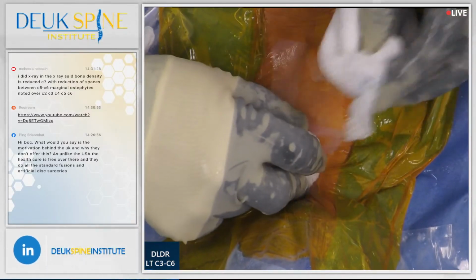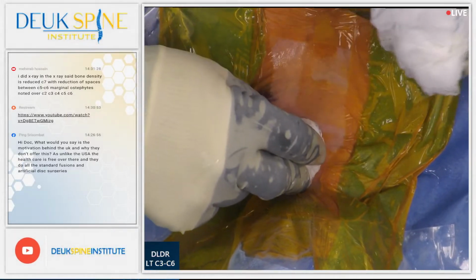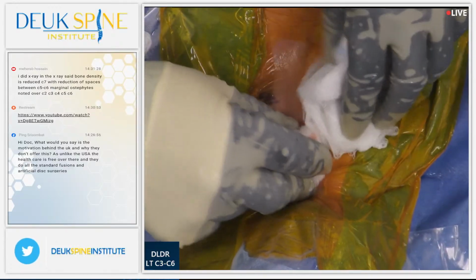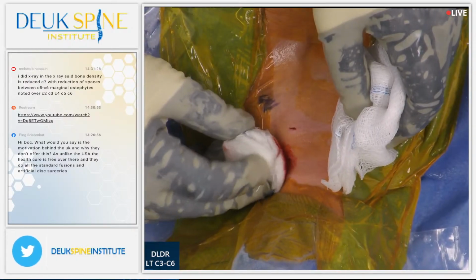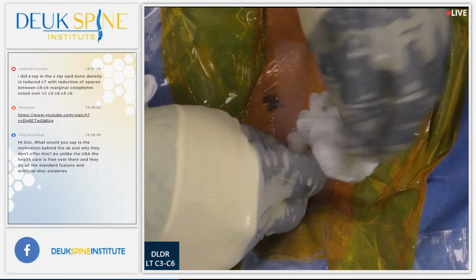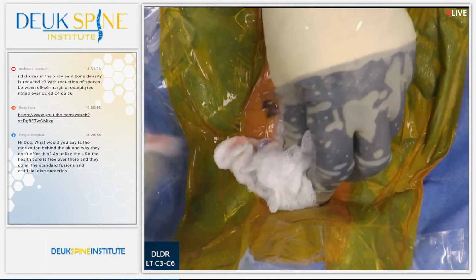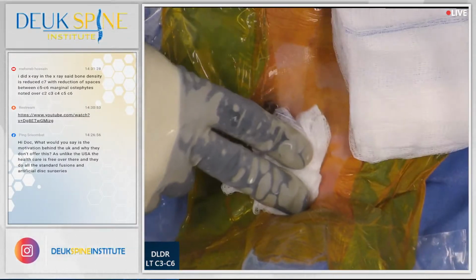This surgery you're watching now, Duke laser disc repair, does not. So what happens is 8 out of 10 patients recommended for fusion in the UK say, no, I don't want fusion, and they don't get any treatment at all. You understand? They just sit there and live with the problem. This surgery, on the other hand, is very effective, so the UK doesn't want to offer it, neither do the insurance companies here, because everybody's going to want it.